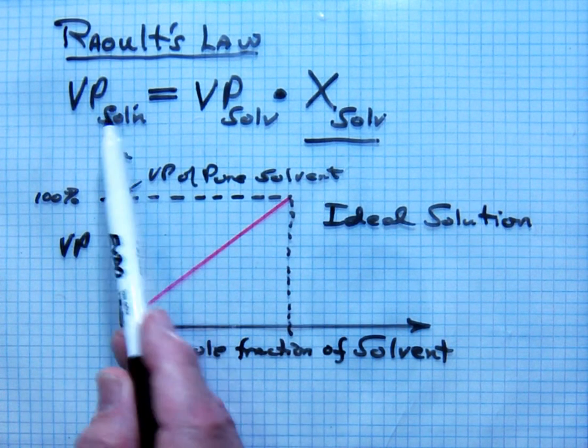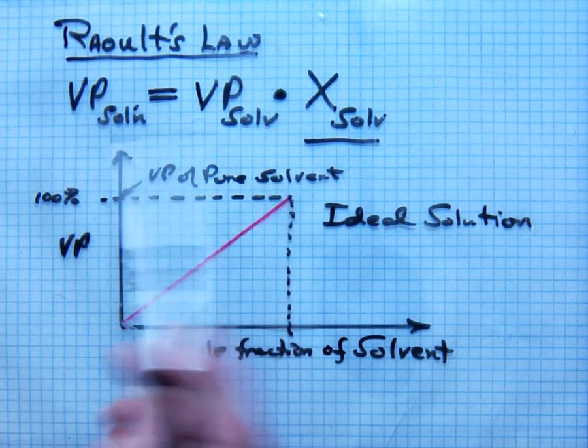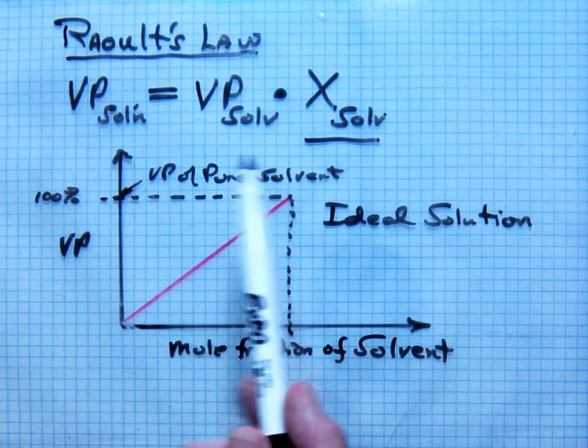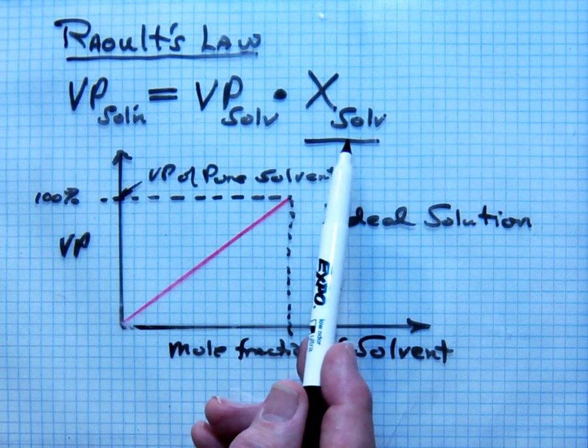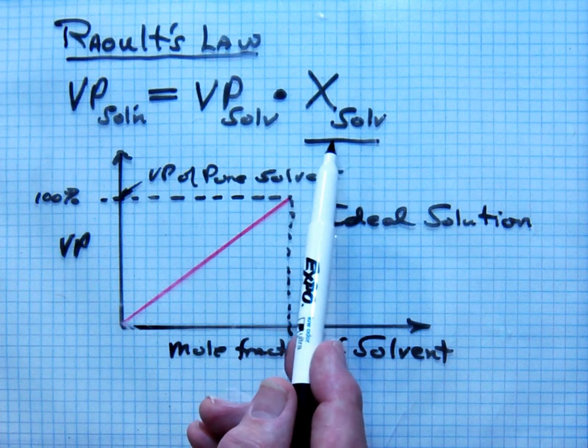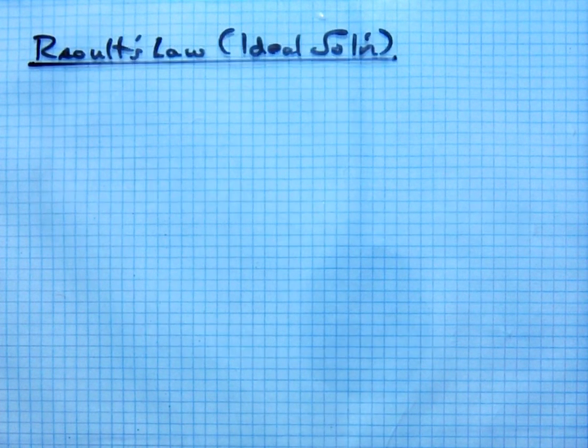So what we want to do is write the Raoult's law equation in terms of vapor pressure of the solvent and mole fraction of the solute. Okay, I'm going to jot down Raoult's law, and this will be for an ideal solution.